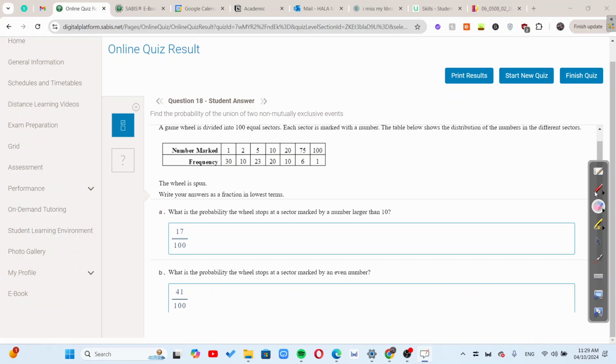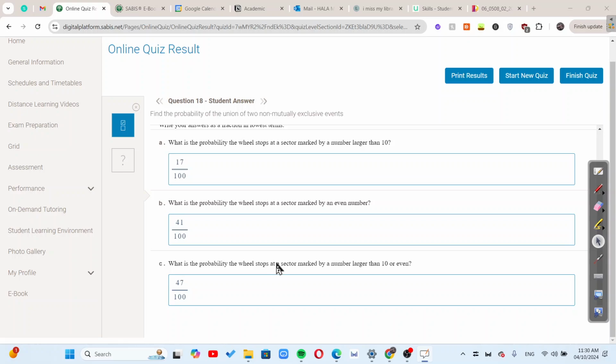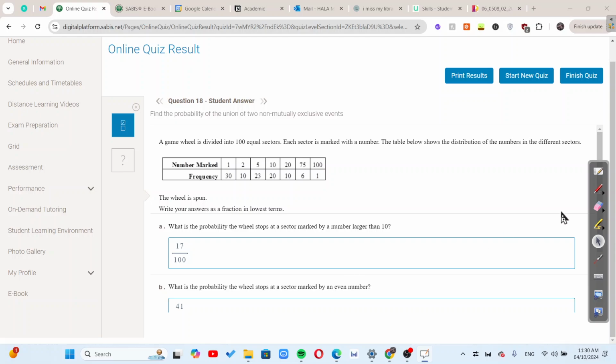And now the third and last part. Sector marked by a number that's larger than 10 or even. So your number could be larger than 10, so all of these, or it could be even.